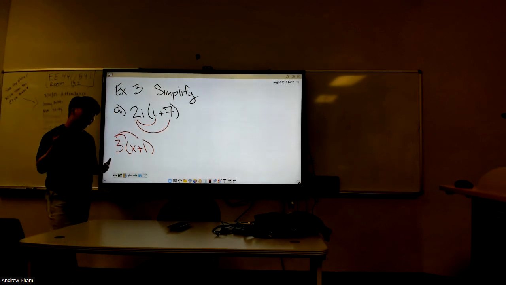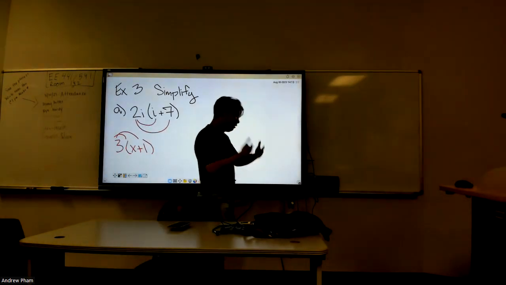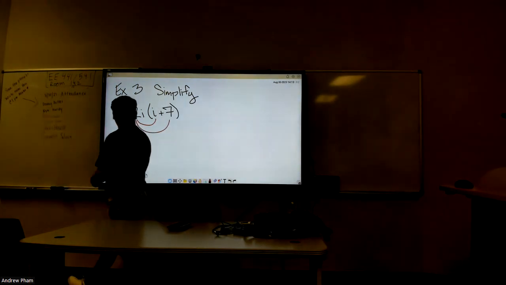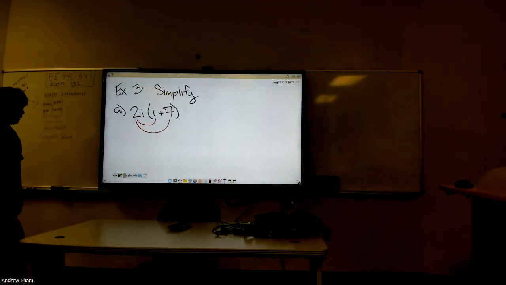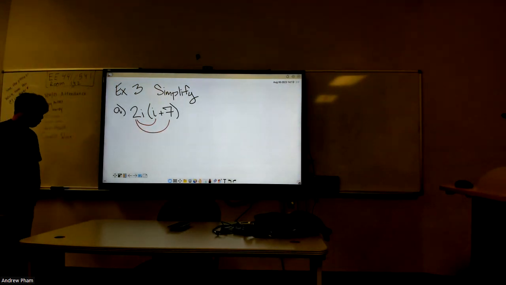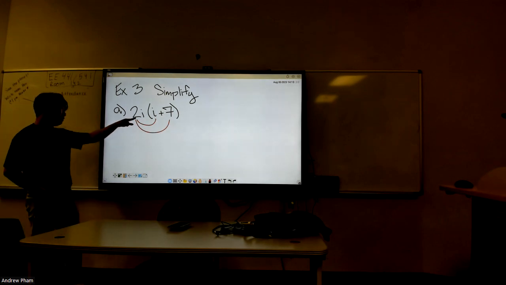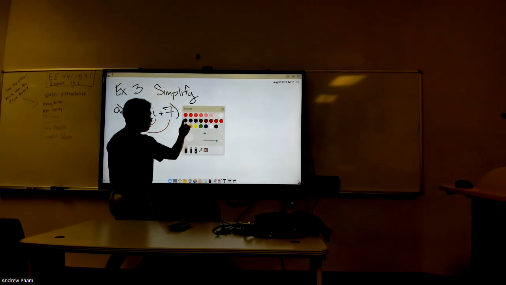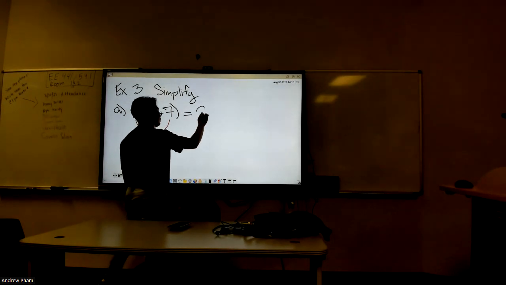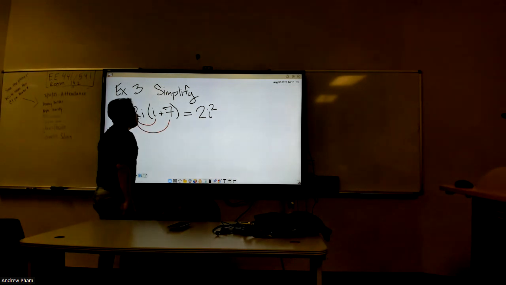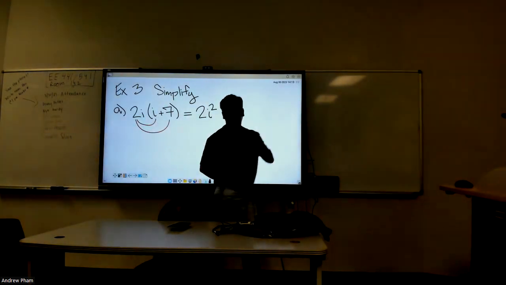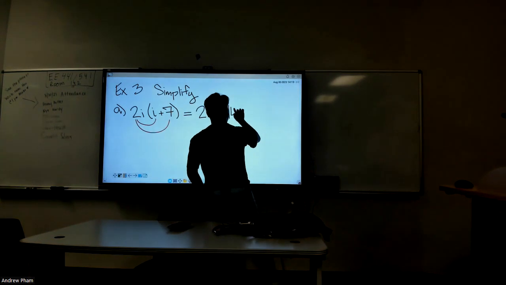That's the benefit of multiplying by a single item instead of a pair. All right, so we're going to go ahead and just multiply this out. What's 2i times i? Yeah, 2i squared. Perfect. And then what's 2i times positive 7? Yeah, we get 14i.